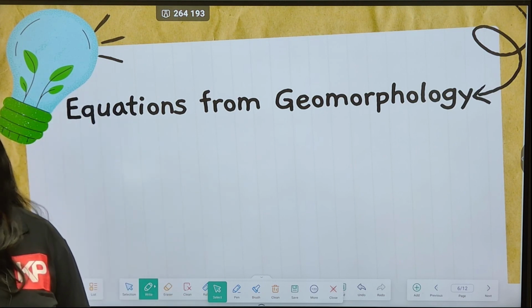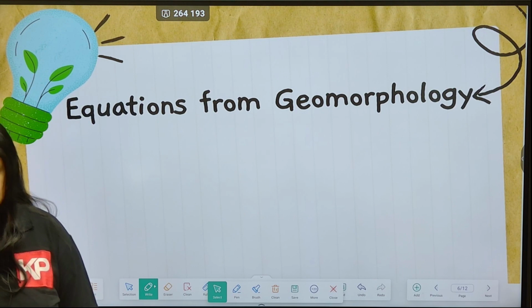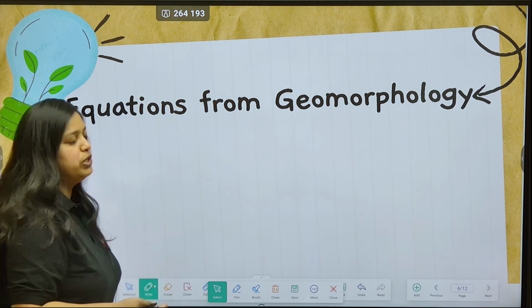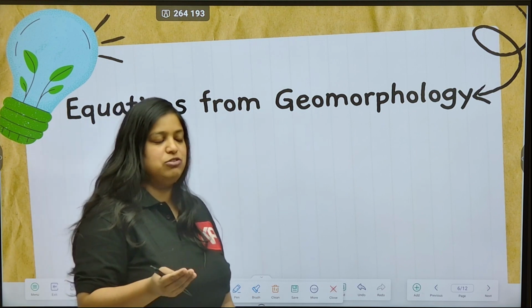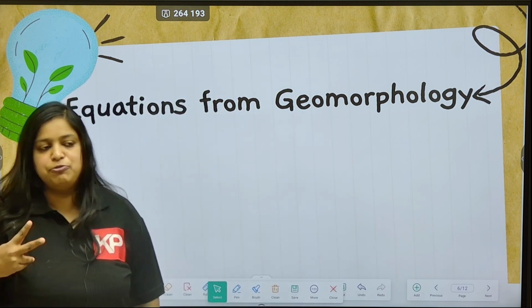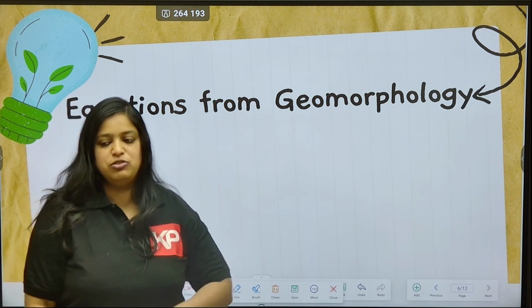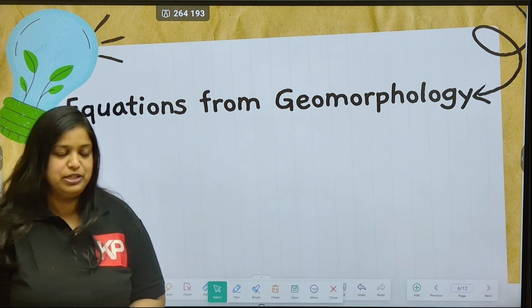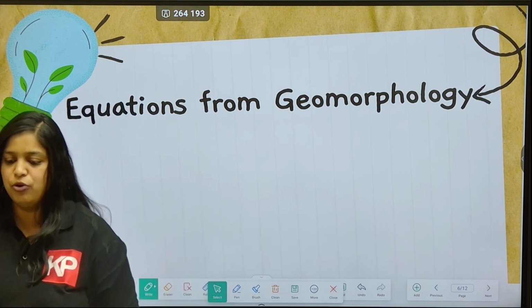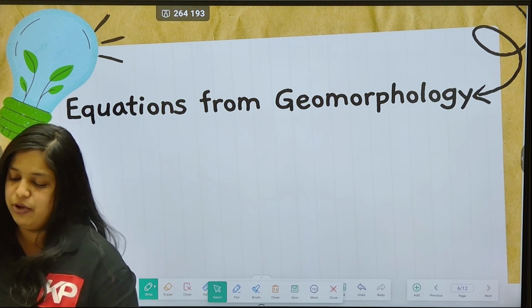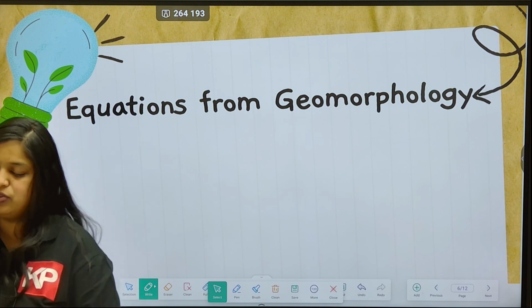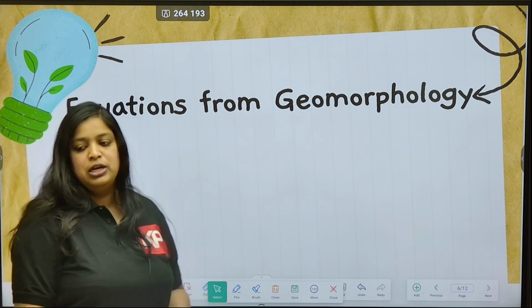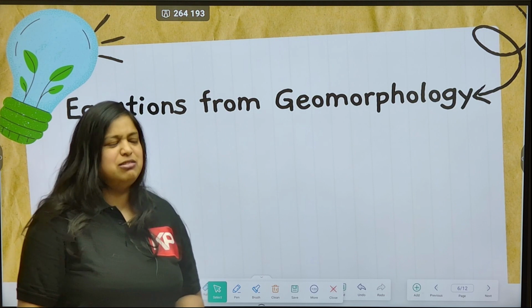Now when it comes to drainage basin morphometric characteristics, first you should know how to number a drainage basin stream network. There are two different types of numbering of stream networks: the Strahler method and the Shreve method. We'll be using the Strahler method for stream numbering. Simple.